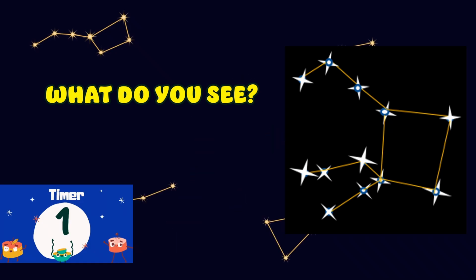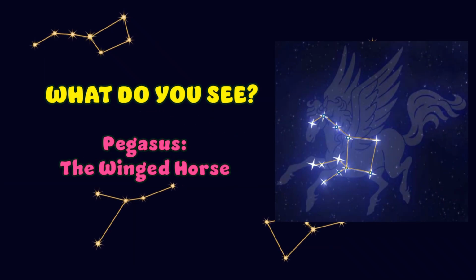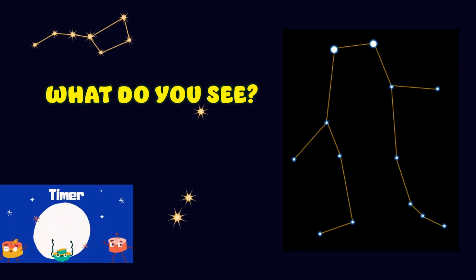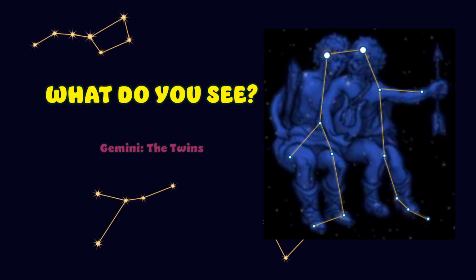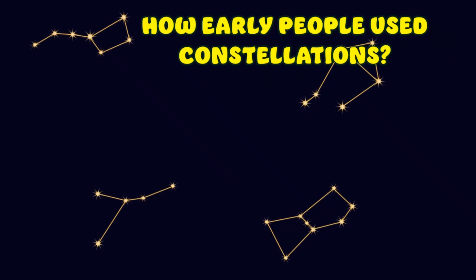It's Pegasus, the winged horse. Lastly, this one. What do you see? Gemini, the twins.